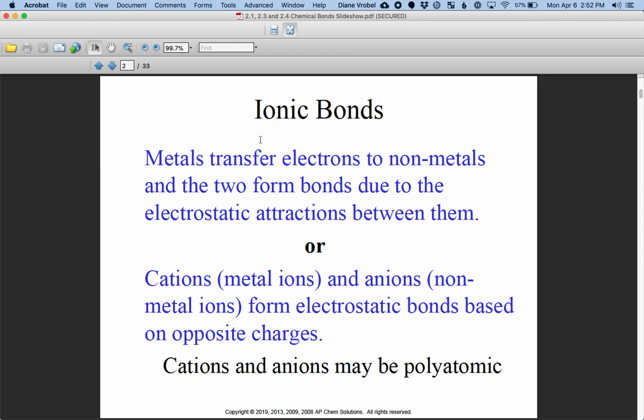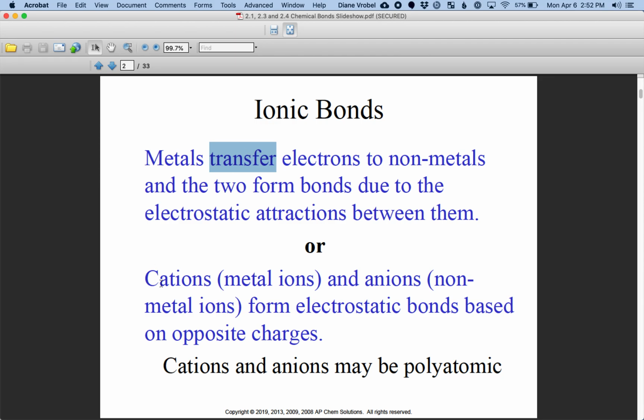Notice that we're talking about ionic bonds. Typically, you tell whether or not something has an ionic bond based on the fact that it has a metal present. It also has a non-metal present. So you want to pay attention to, does the compound contain a metal and a non-metal? And typically it is transfer of electrons. So the metal typically donates electrons to the non-metal.